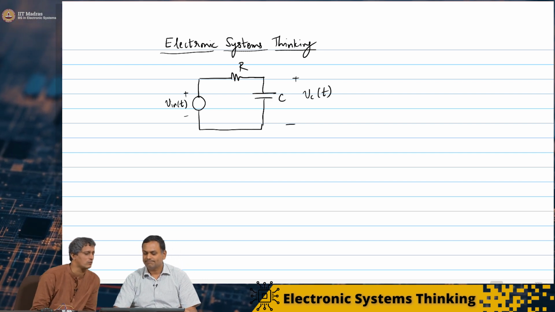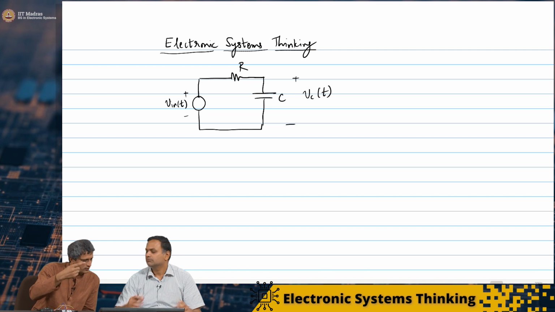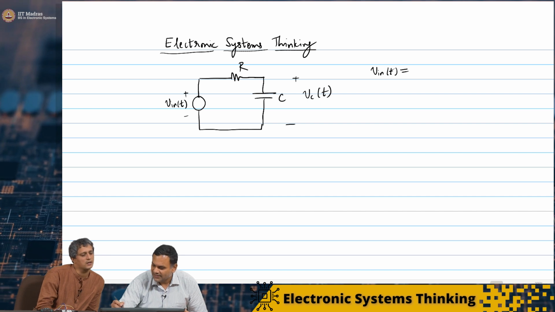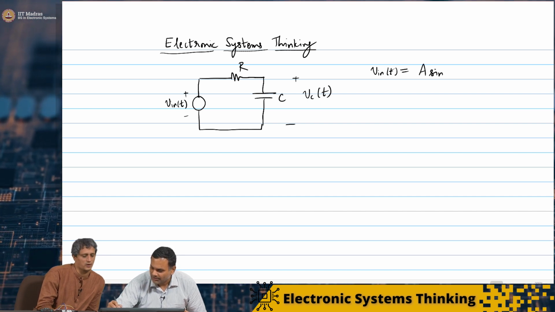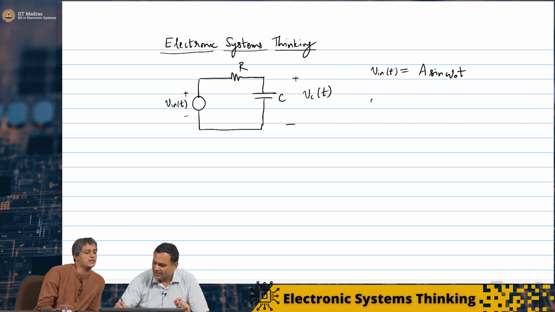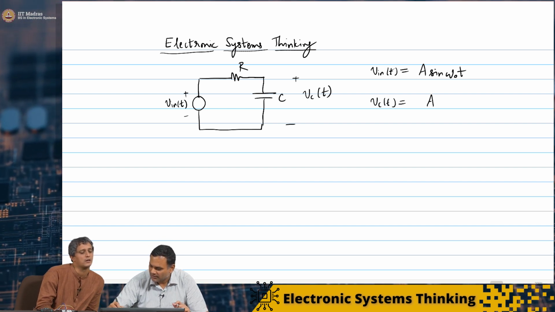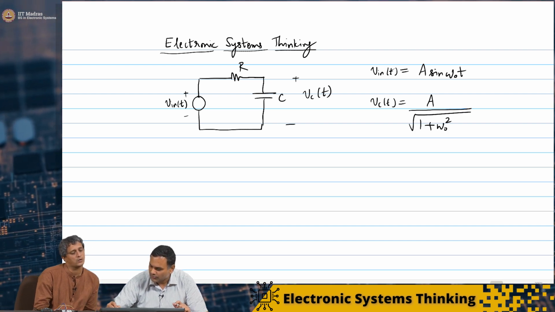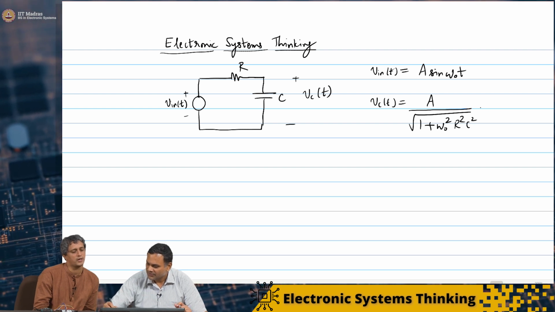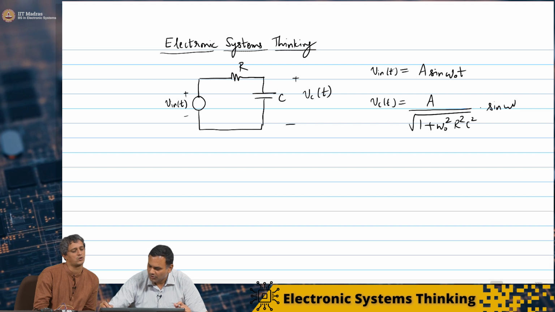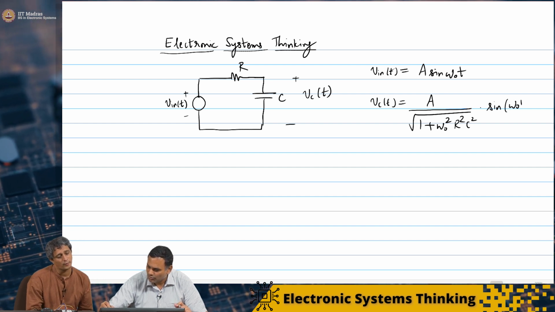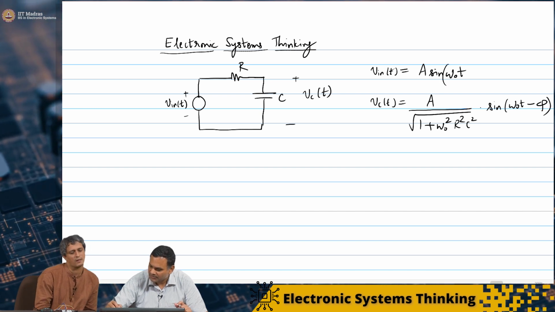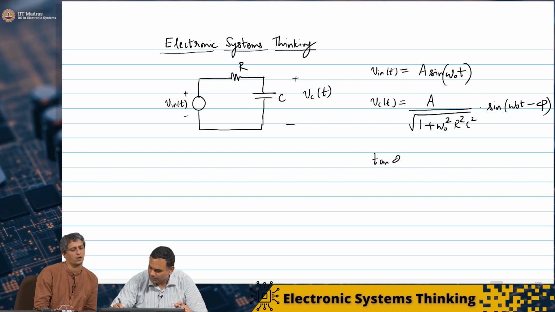Going through the exact differential equation solution, your V in of t was a sin omega naught t, and Vc of t was a by root of 1 plus omega naught squared R squared C squared, into sine of omega naught t minus phi, where tan phi was omega naught RC.